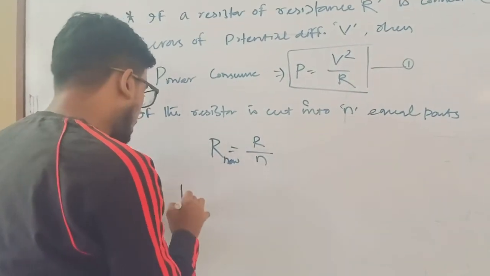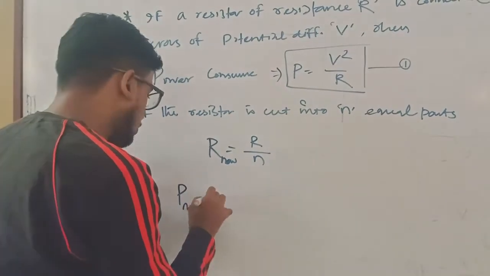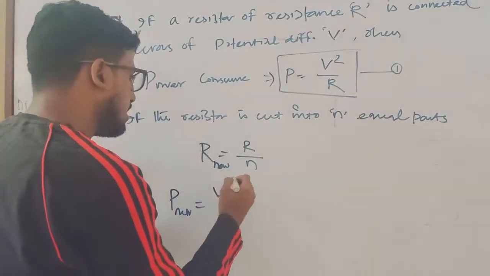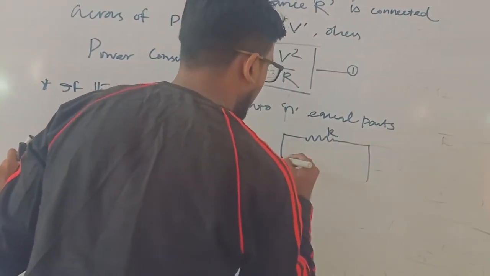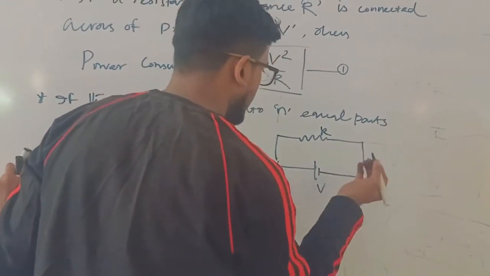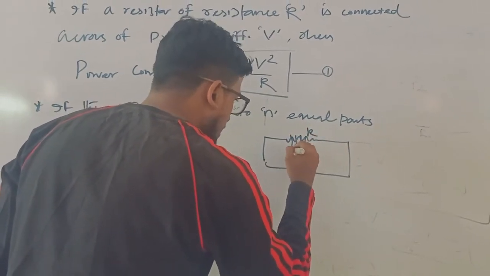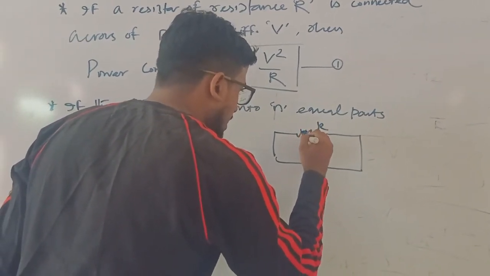So now the power new will be how much? The potential will remain the same. This is the resistor R, and here is the potential difference V. It is cut into n equal parts, and we are considering a single portion.